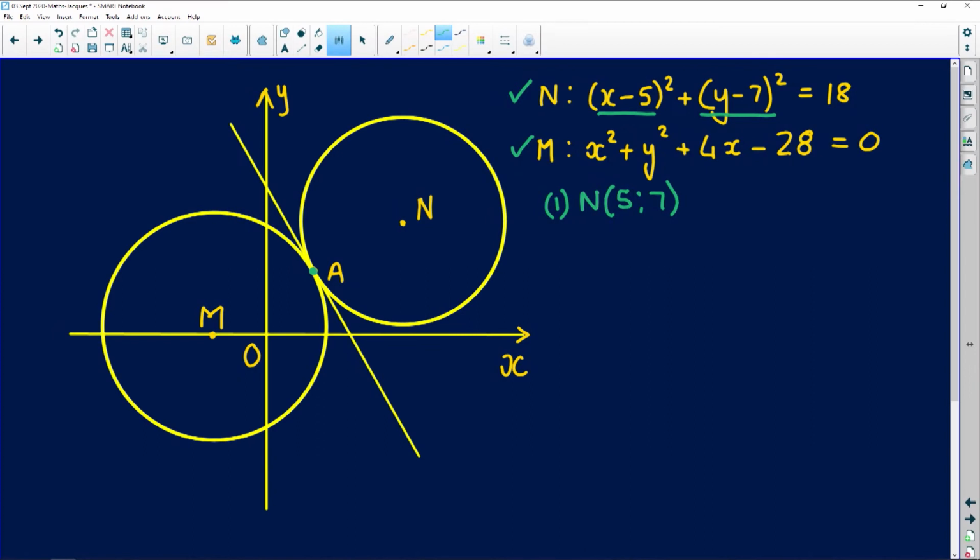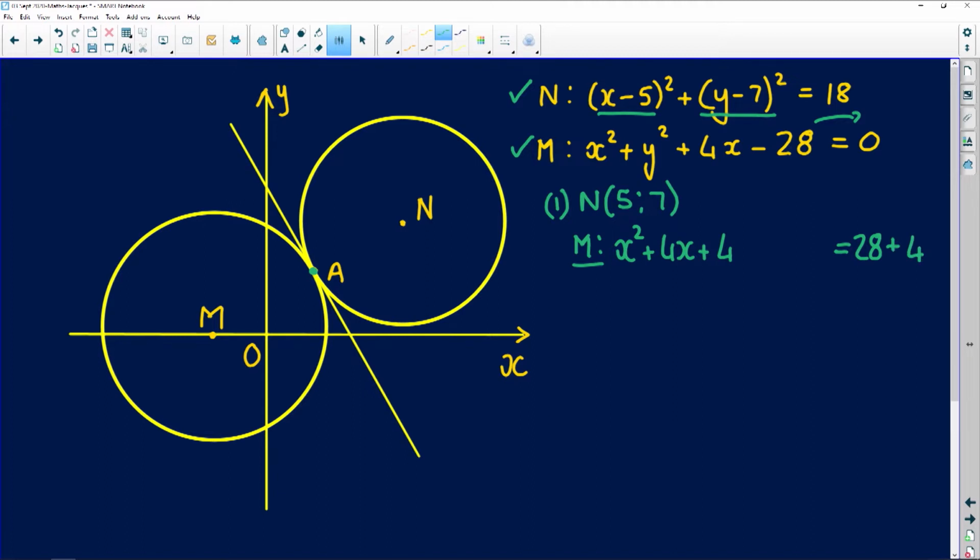For M, we have to complete the square to get it into the same form as what N was. So for the coordinates of M, we have x squared plus 4x. Now to complete the square for x squared plus 4x, we need to add 4. At the same time, I'm just going to kick the 28 over to the other side. And what I add to the left-hand side, I must add to the right-hand side.